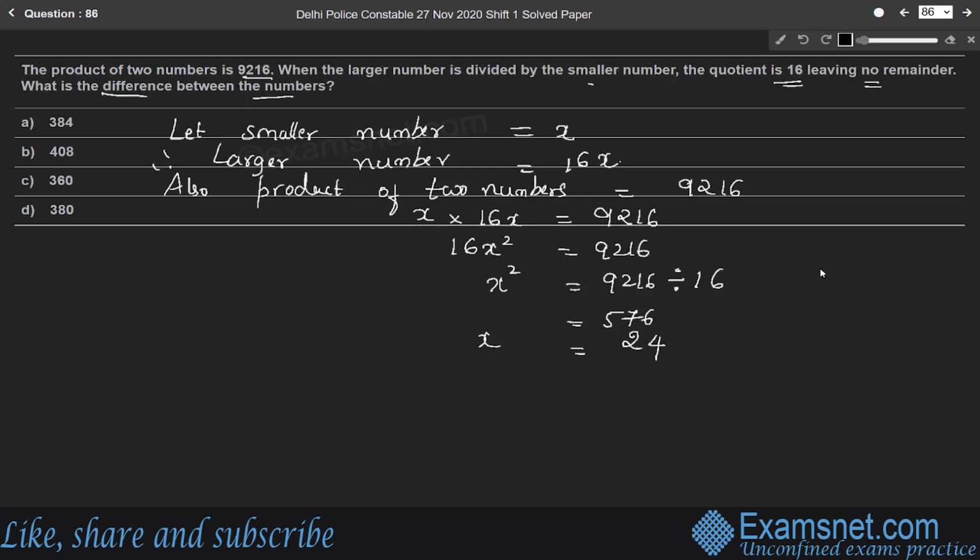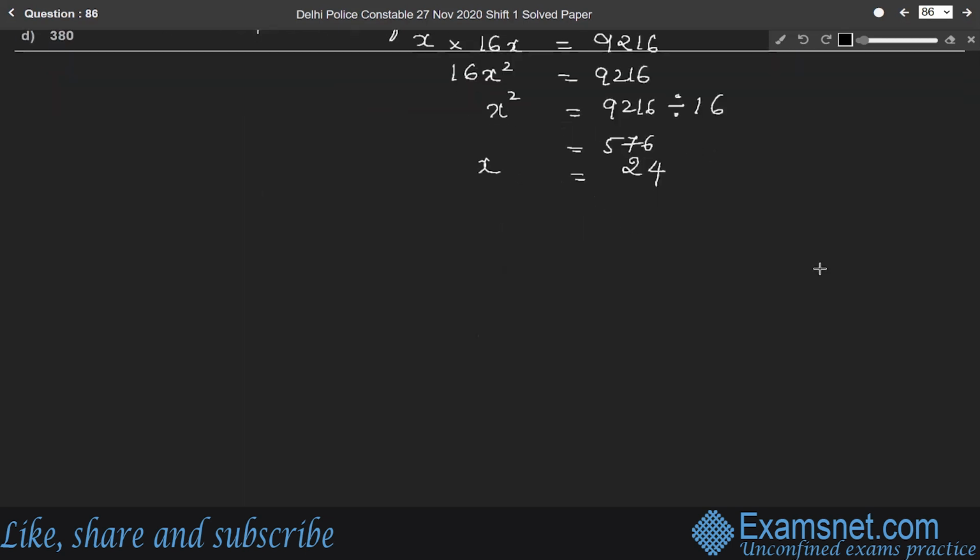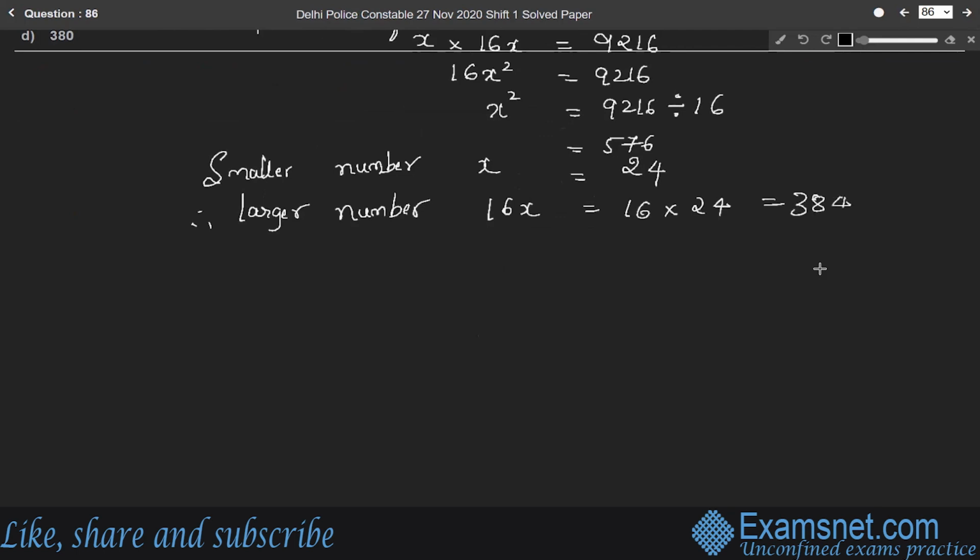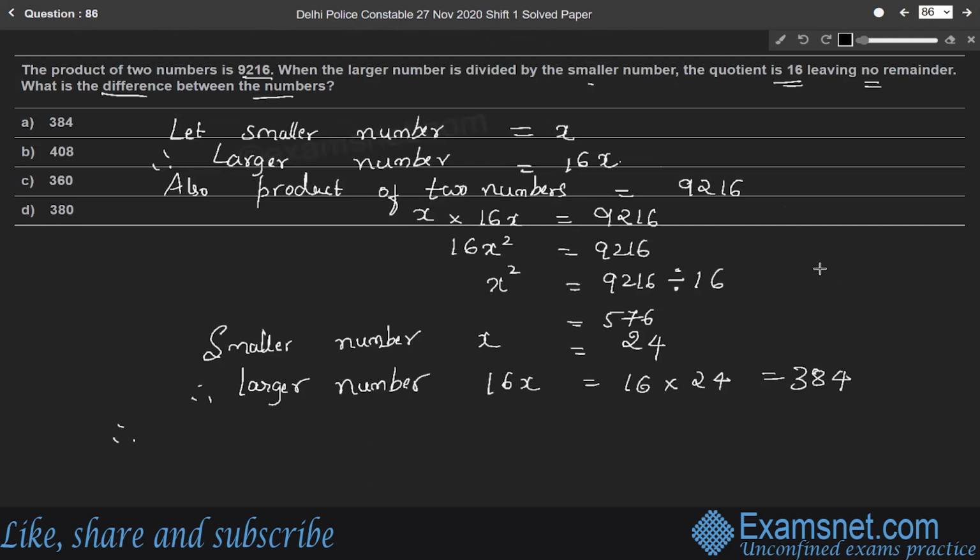So what is x? The smaller number. Therefore, smaller number x is 24. Therefore, larger number is 16 times the smaller number, which is 16 into 24, which is 384. Therefore, come back to the question. What is asked here? What is the difference between the numbers?